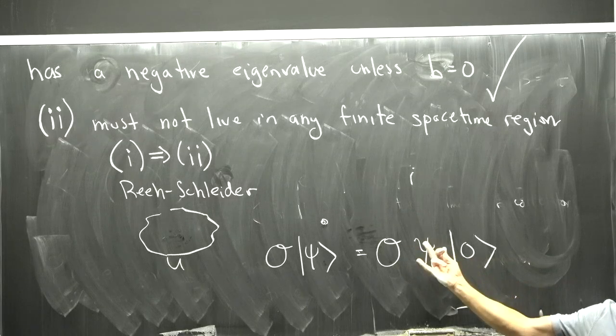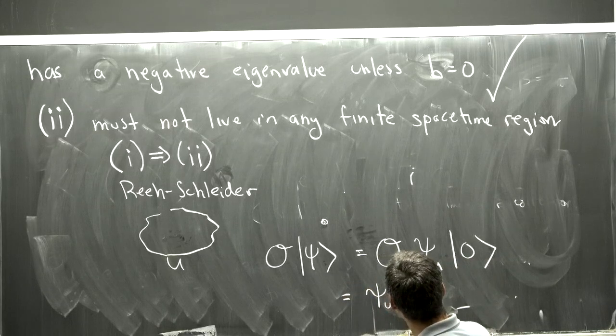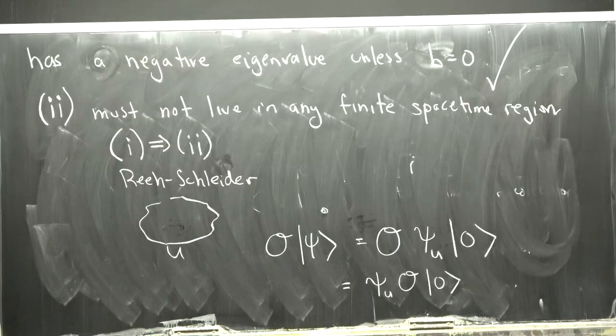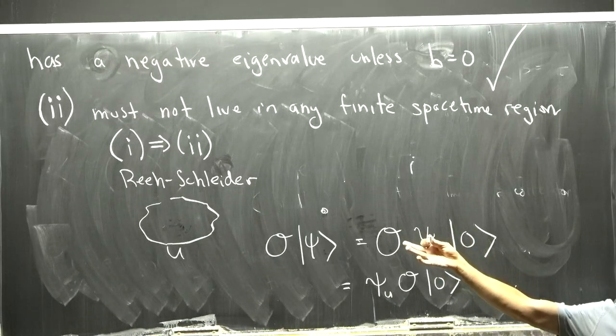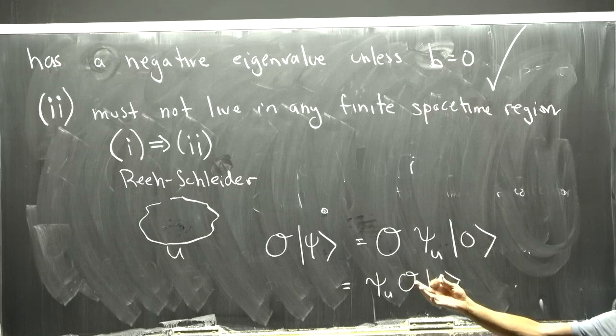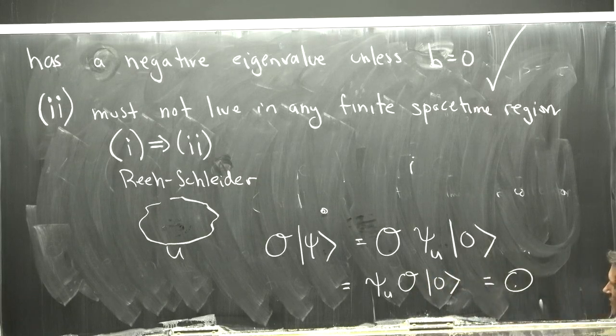These two operators commute. So this is psi U O on 0. I just choose my Reeh-Schlieder region as somewhere that's away from my operator that has finite support. And now O annihilates the vacuum, and I just got 0.